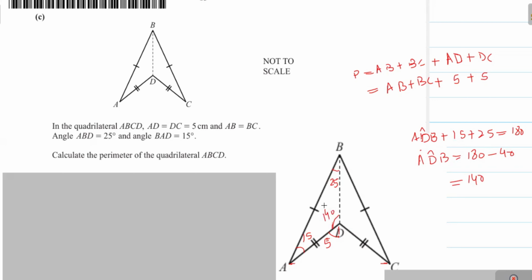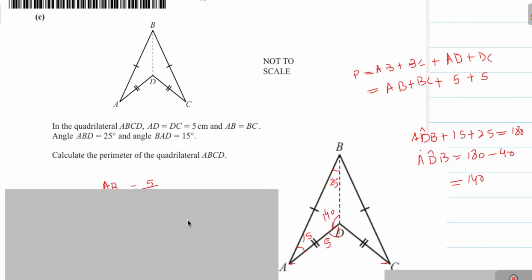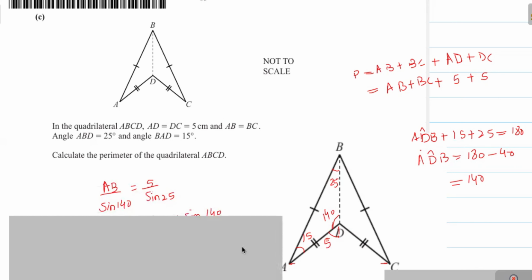Now we can find this length AB by using the sine rule, because when we have two angles and two sides relationship, we use the sine rule. According to the sine rule, AB over sine of its opposite angle, 140, equals the length 5 over the sine of this angle 25.